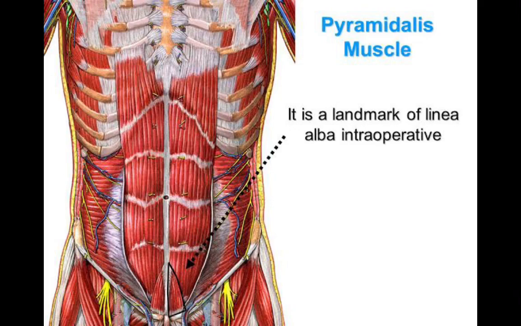The nerve supply of this muscle is from the subcostal nerve. Its action is as a tensor of the linea alba, and the peculiarity is that sometimes this muscle may be absent on one or both sides. So this is all about the pyramidalis muscle.